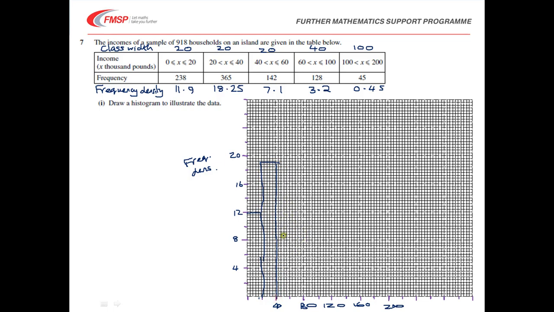Next one, 7.1. That's 6, so 7 will be back there. And then 3.2, and that goes from 60 all the way up to 100. And then 0.45 right down here all the way to 200. Do use a ruler for yours.